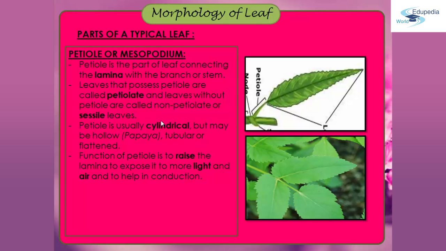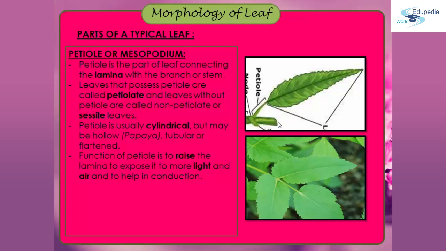Okay, petiole is usually cylindrical in nature. As you can see, it is cylindrical in nature, but may be hollow, which is seen in the papaya plant. It could be tubular also or flattened also. Okay. Now the function of the petiole is to raise the lamina. As you can see, it holds the lamina.